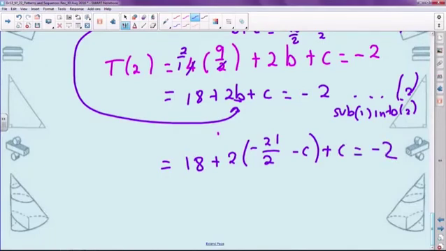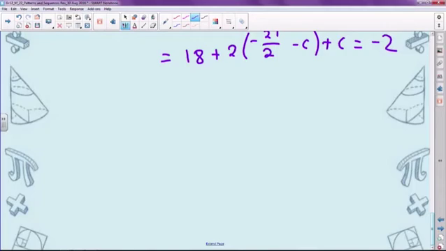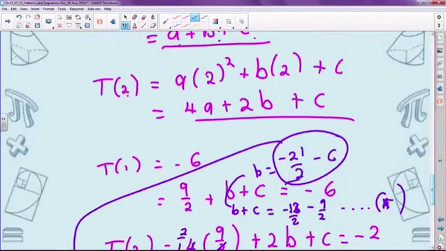And then when you simplify that, let's see what you get. You go through that whole process and you will get that the value for c is equal to minus 1. And you'll get the value for b by substituting that value for c back into your equation 1.